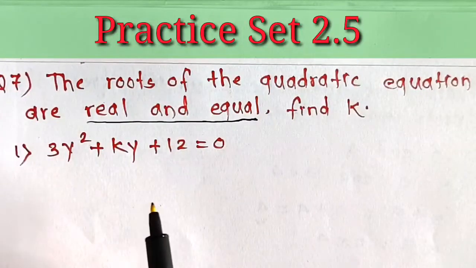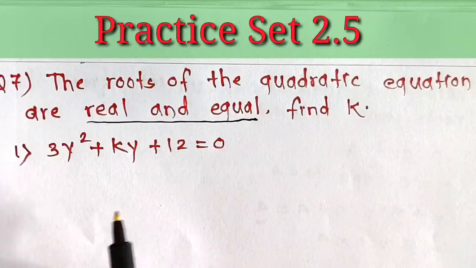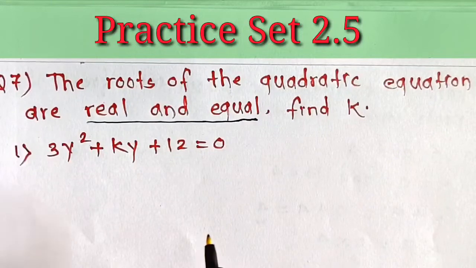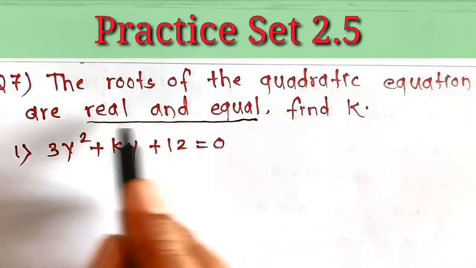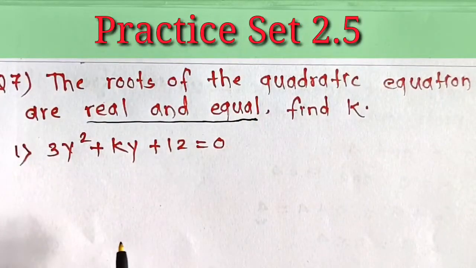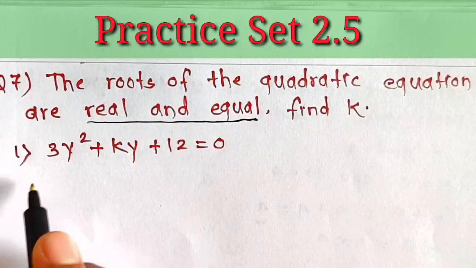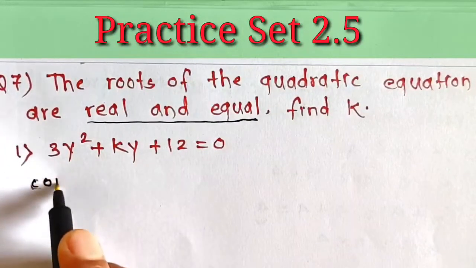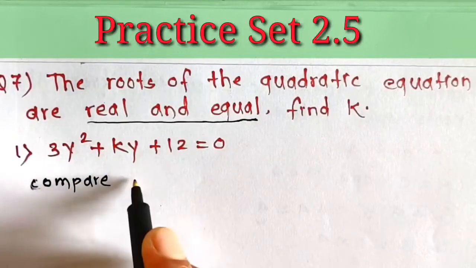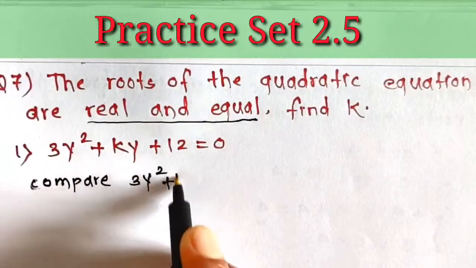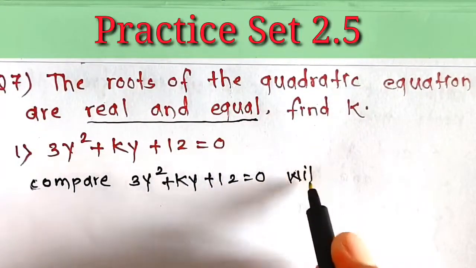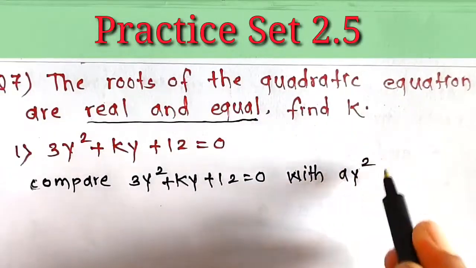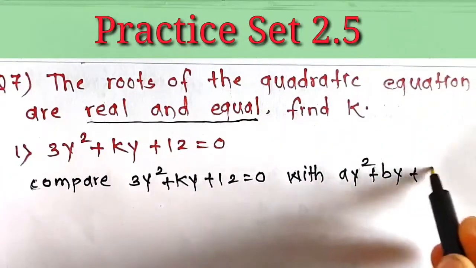Whenever the value of b square minus 4ac is equal to 0, then we get that the roots are real and equal. So first find the value of b square minus 4ac. First we have to compare this given equation 3y square plus ky plus 12 is equal to 0 with ay square plus by plus c is equal to 0.